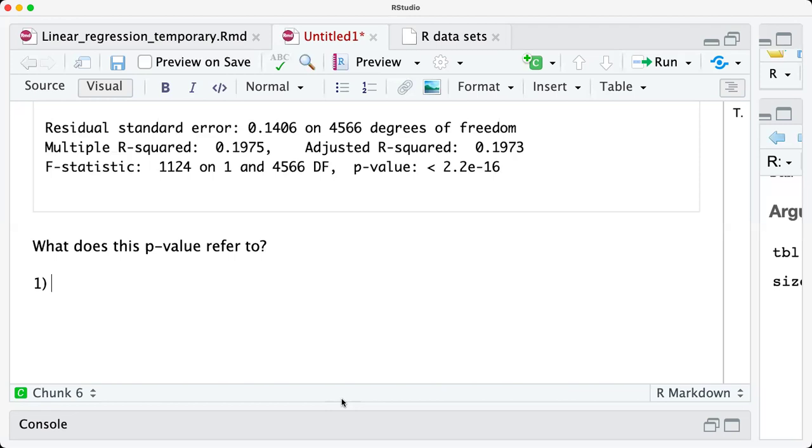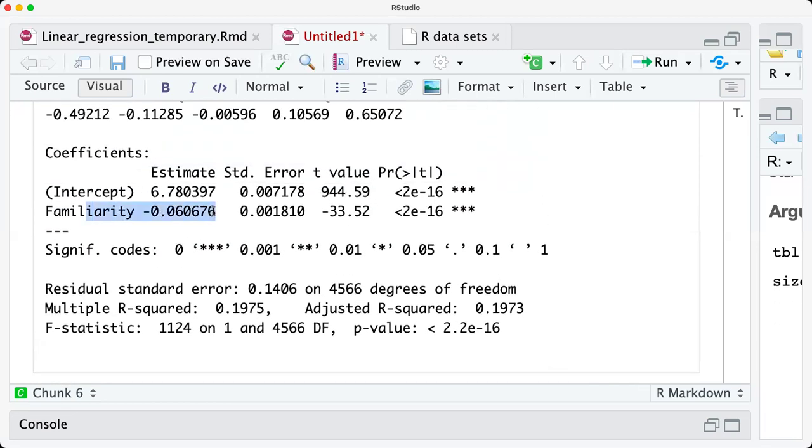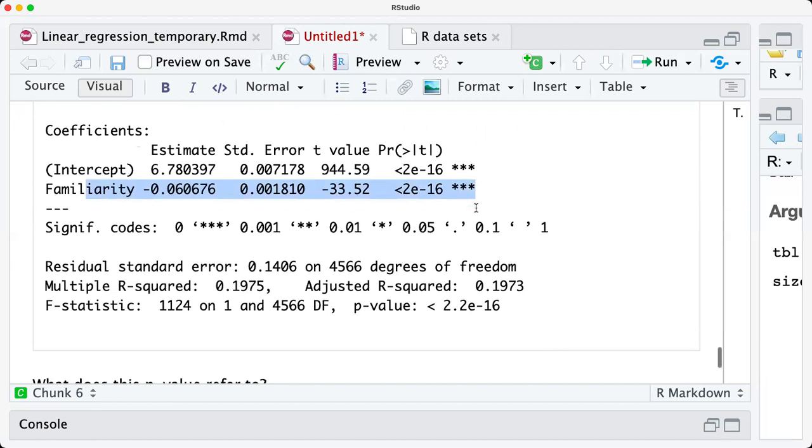As usual, our null hypothesis, let's look at the p-value for the familiarity, this second row.